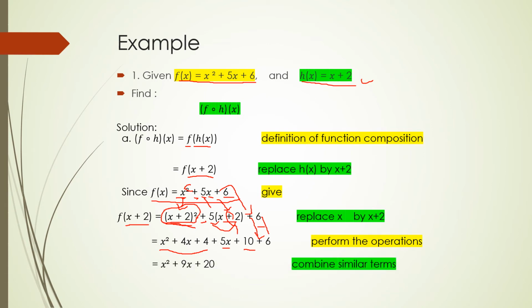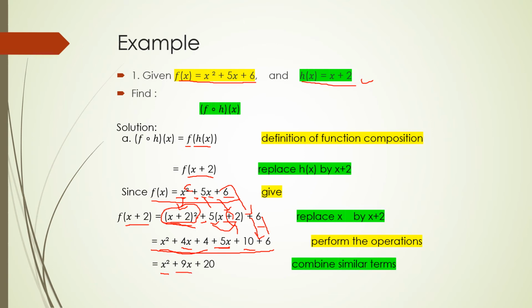Next, we combine similar terms. What are the terms that are similar in this equation? There are no terms the same as x squared, so we just bring down x squared. We have 4x and 5x, which are similar because they both have x. So 4x plus 5x is equal to 9x.